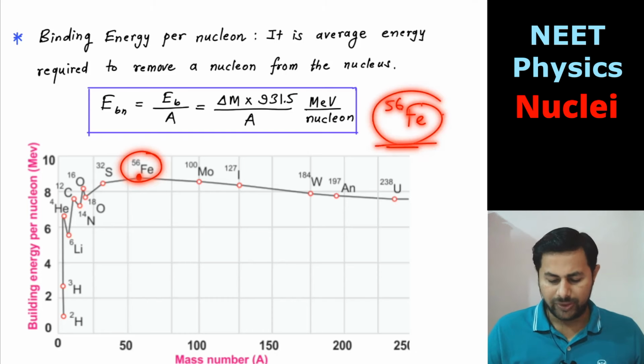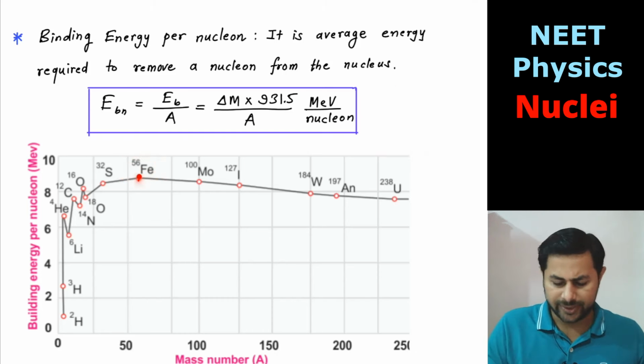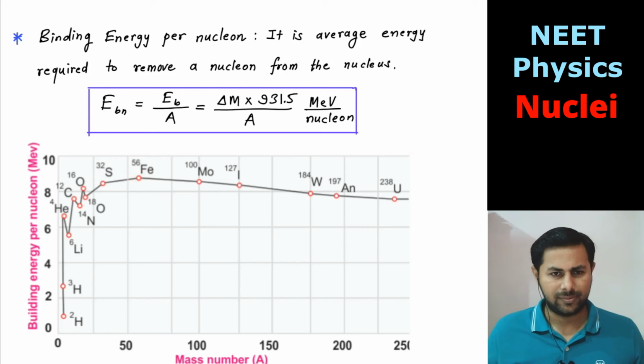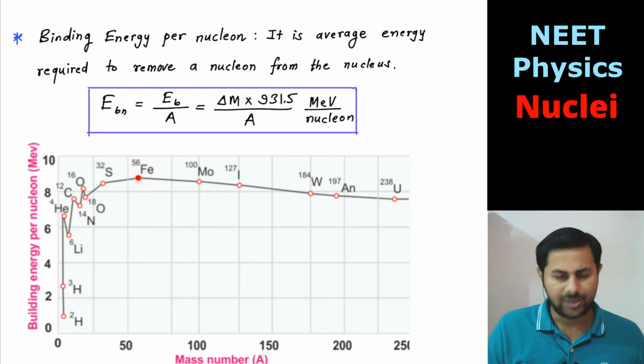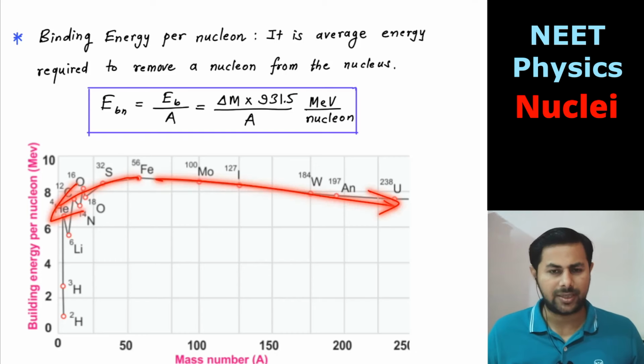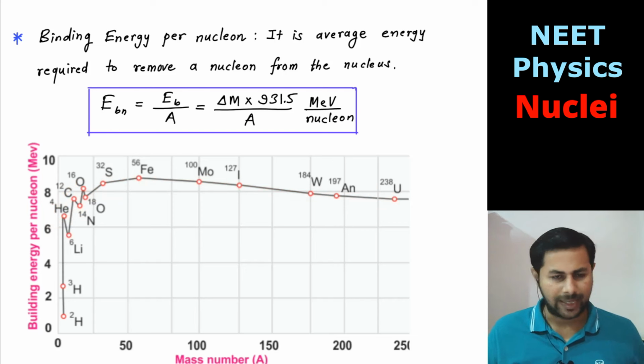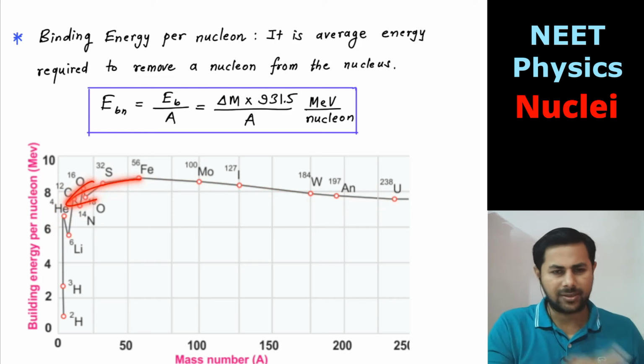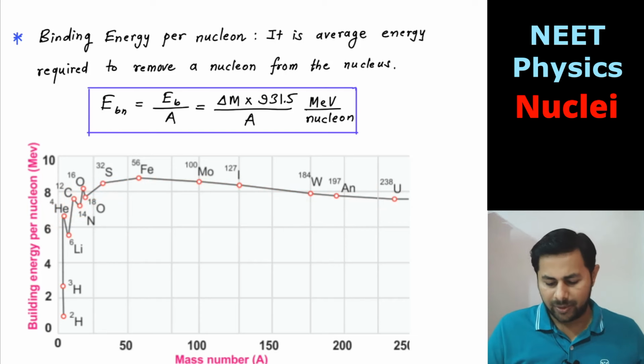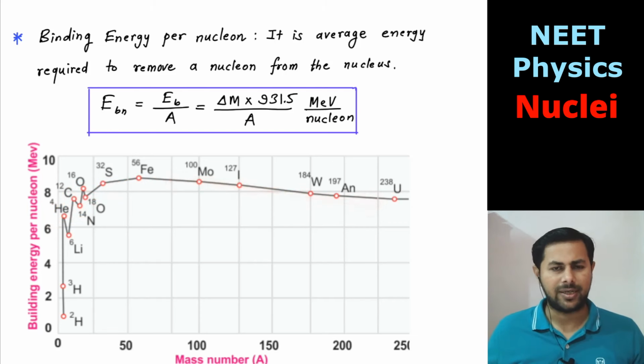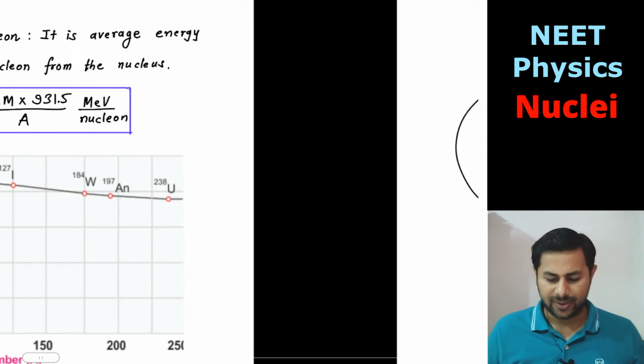So which would be the strongest nucleus? It's Fe56, right? Then this binding energy per nucleon decreases on this side also and on this side also. Means if mass number is less, it decreases, and if you increase the mass number, then again the binding energy per nucleon decreases.